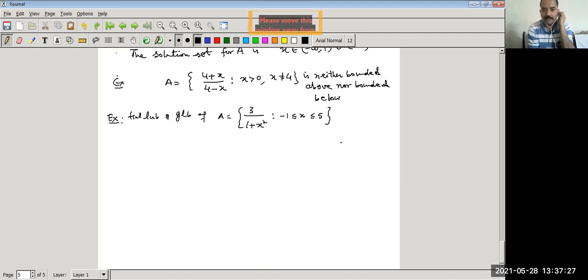So the given set is minus 1 is less than or equal to x is less than or equal to 5. So we have to find the square. When we square both sides, it becomes 1, since square of minus 1 is 1, x square, and square of 5 is 25.